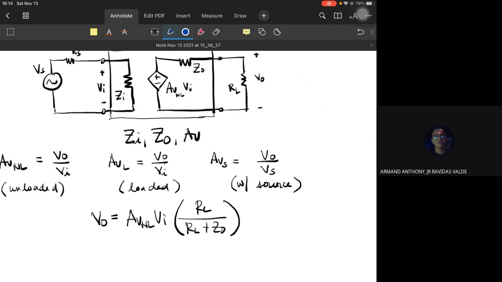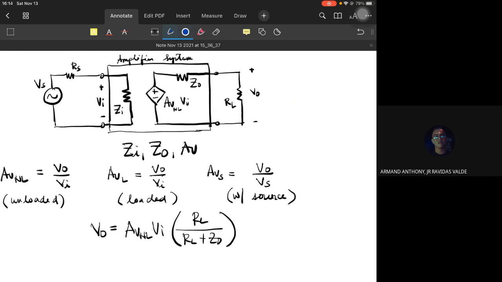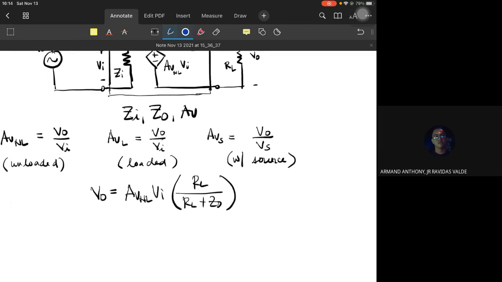Before I proceed, any questions on this derivation? None, sir. Again, it is the voltage divider concept. So VO is equal to AVNL times VI times RL over RL plus ZO.